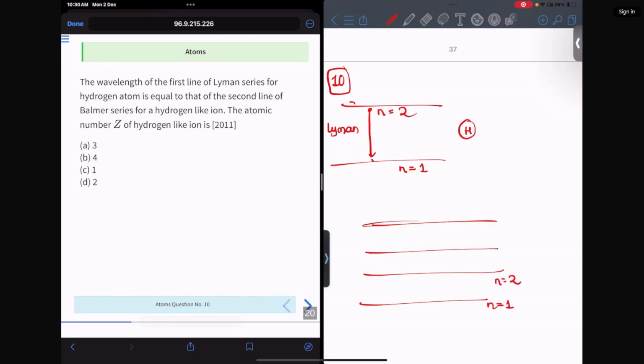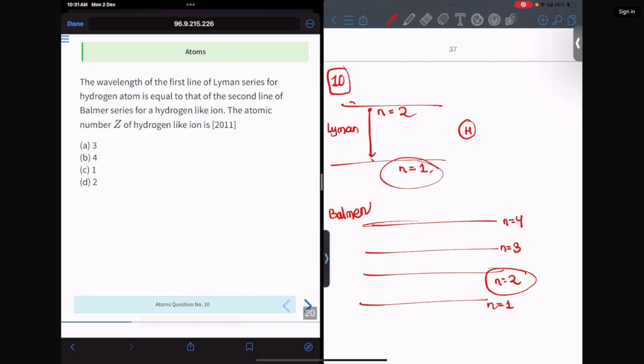Second line of Balmer. Balmer means it will move to n equal to 2, the second shell. And it is the second line.